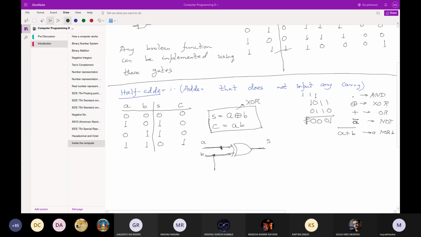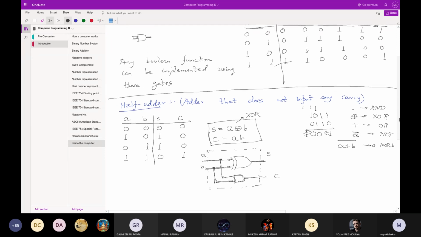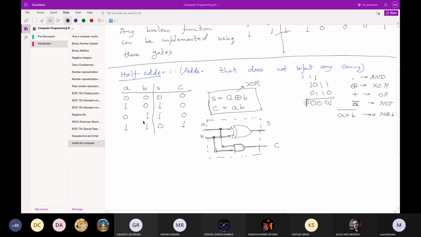Take two wires out of this to flow the current on this line as well, and do an AND between them. That will give you the carry. And now simply encase it like a black box. That means consider it like a small circuit that does half addition of 2 bits.